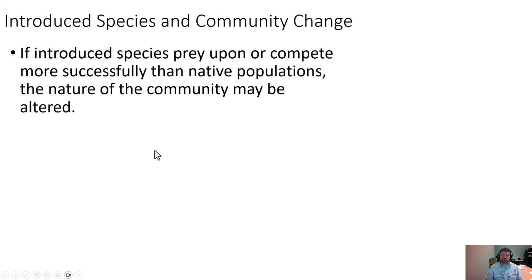Now, I just want you to realize that there are lots and lots of introduced species that occur daily all over the world that don't get established. The ones that we talk about often in environmental science, ecology, biology in general, are the ones that get established, and for that matter have a negative effect on native populations, with maybe no benefit to them.